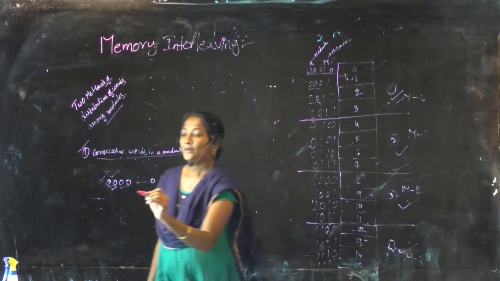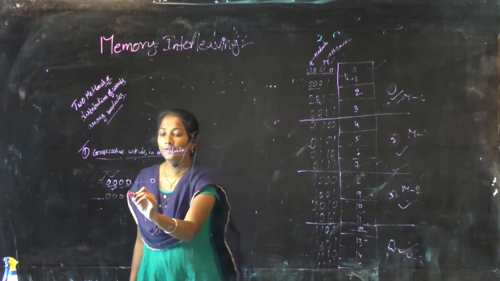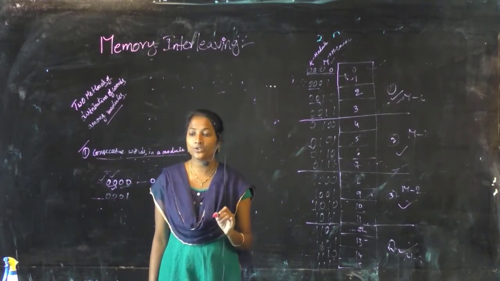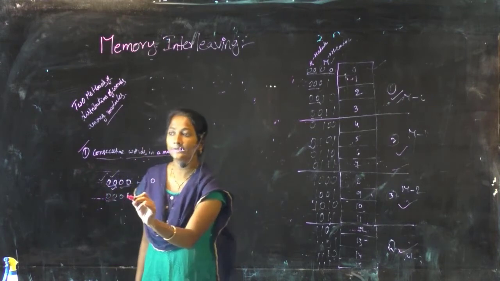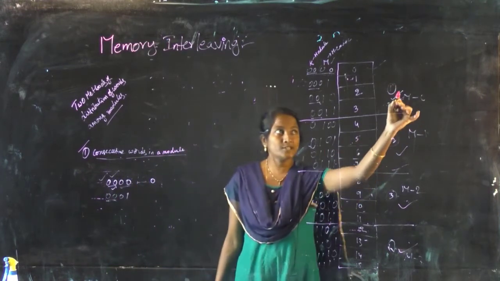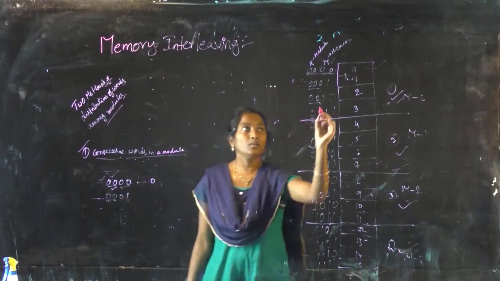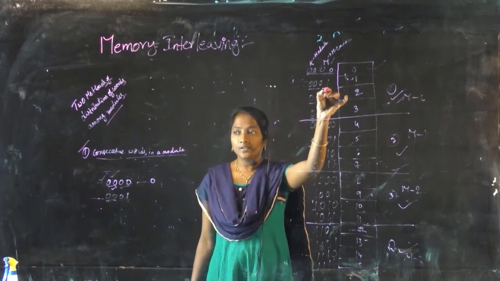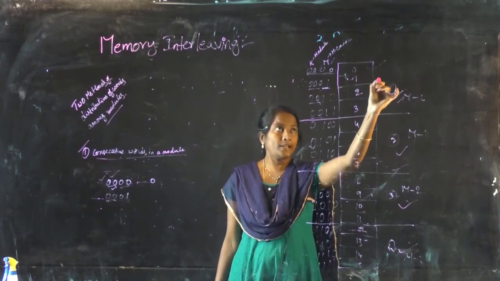Next the processor sends 00001. The higher order bits indicate the module, so module 0 will be selected, and whatever data is present at 01 will be placed on the data bus.